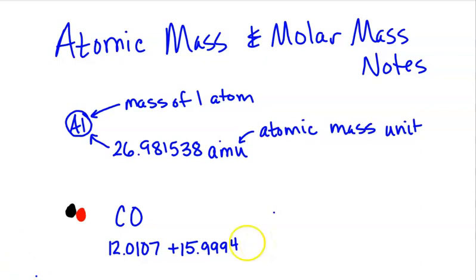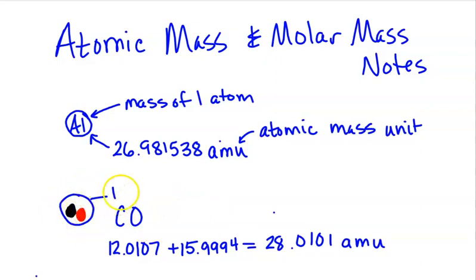I'm going to pause it here. Okay, when I add that up, I got 28.0101. And these are also in atomic mass units, AMU, because that is the mass of just one of these molecules, one molecule. It's the one molecule's mass.